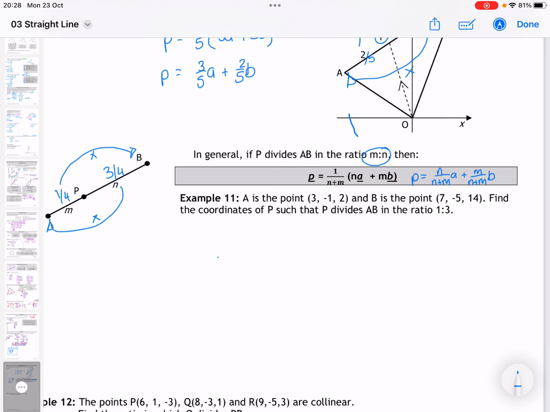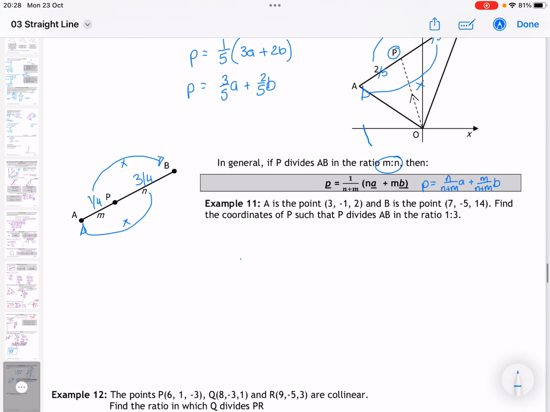So what I would say is that P is equal to 3/4 of A plus 1/4 of B. Big B or wee b, whatever way you're writing it. That's how I would do it. And it would be wee, because it would be the components. So I'm always going round.